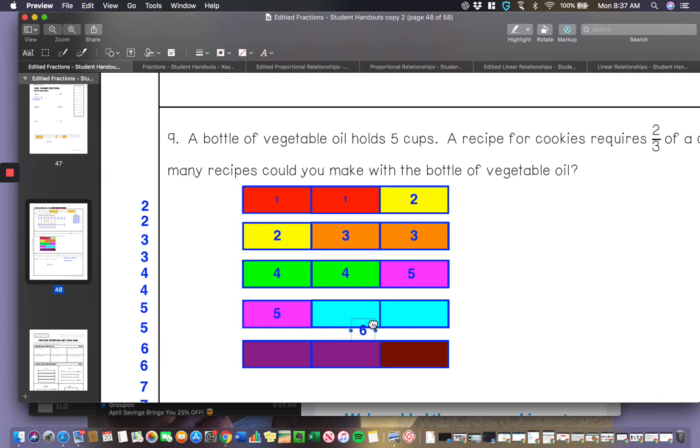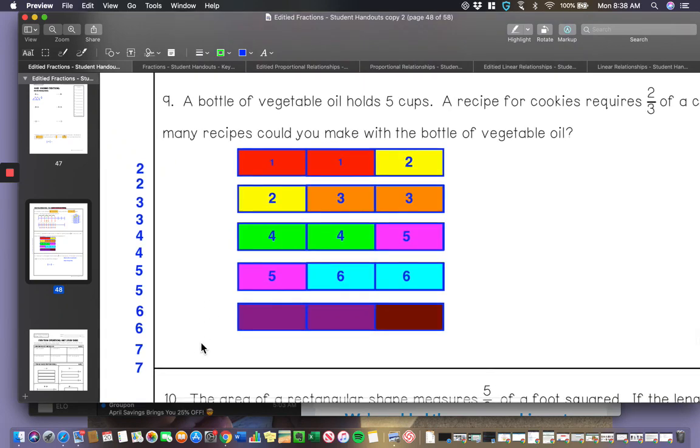So again, every 2/3 is a serving. That's why each color is represented with 2. This is 2/3 in blue, this is 2/3 in purple, and this is 2/3 in green. Finally, I'm going to end up with about 7 servings.